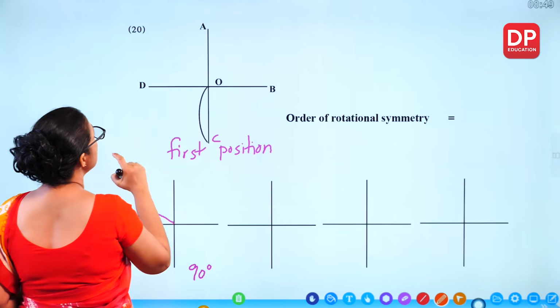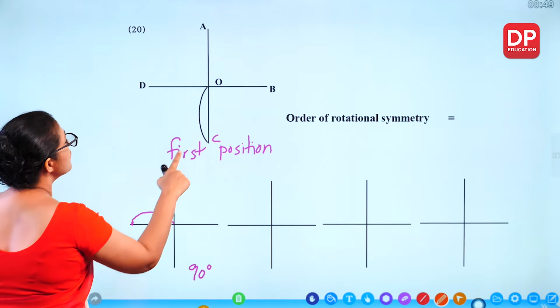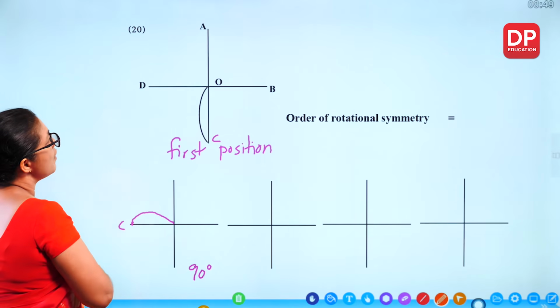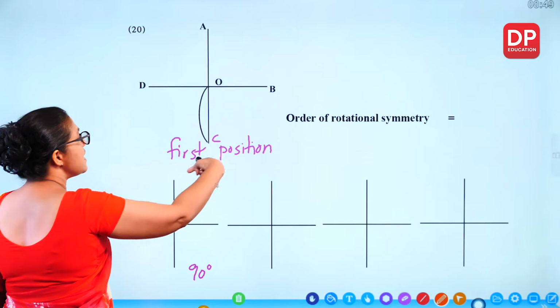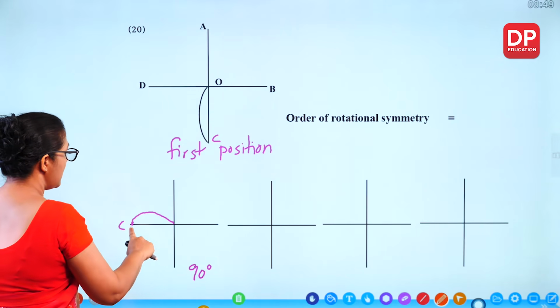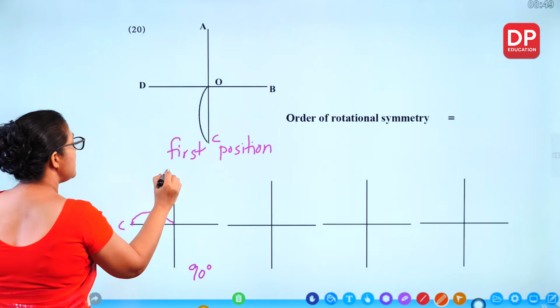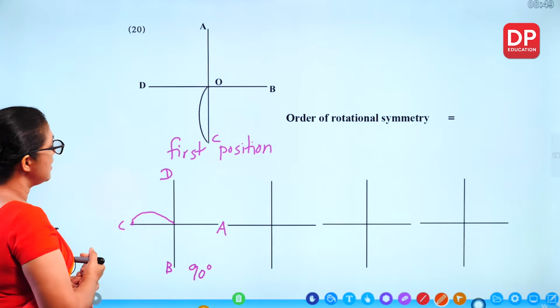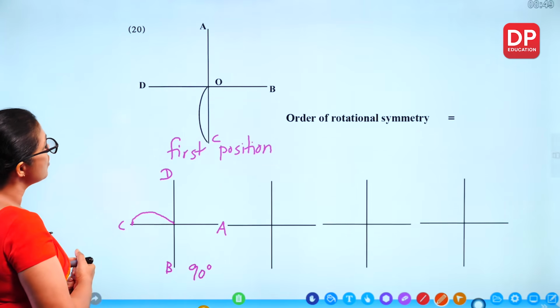I'll put C here. So C goes there. Now look at the order. A, B, C, D clockwise. So here C, D, A, B. So that's the 90-degree rotation.